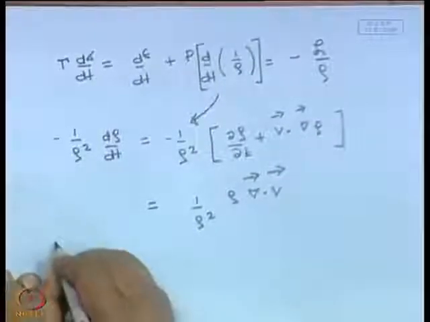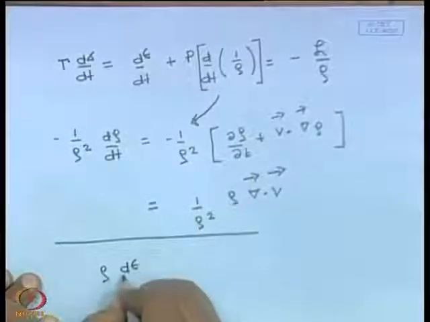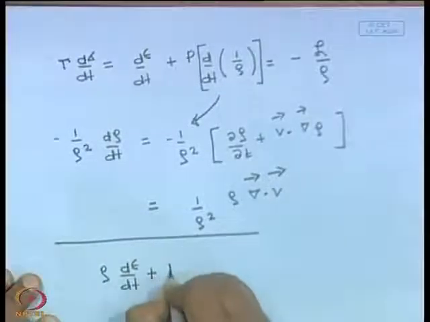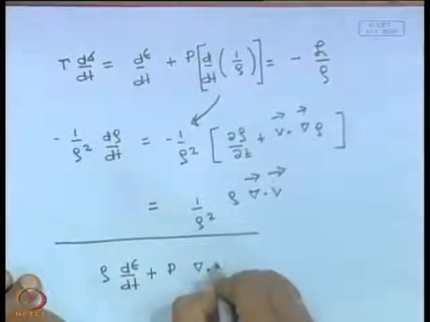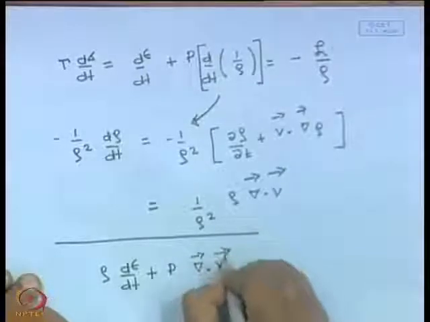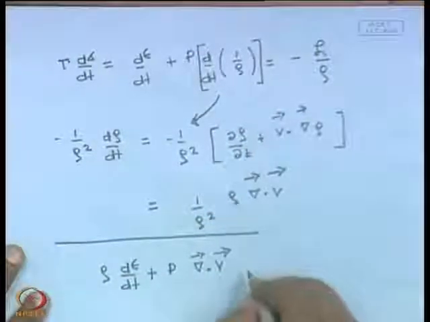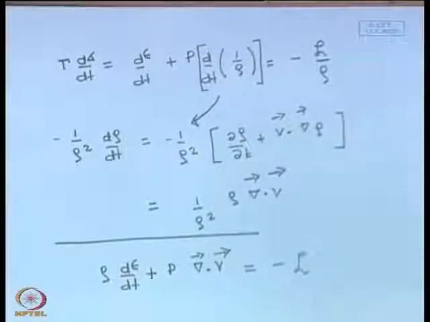I have rho into the convective derivative of the internal energy plus P into the divergence of V. One of the rho cancels out from here and one of the rho cancels out when I multiply it with rho, and this is equal to minus the heat loss rate per unit volume. Okay, so that is the conservation of energy.